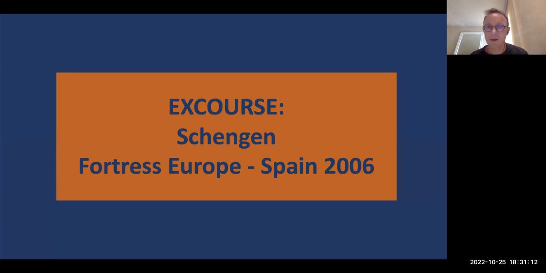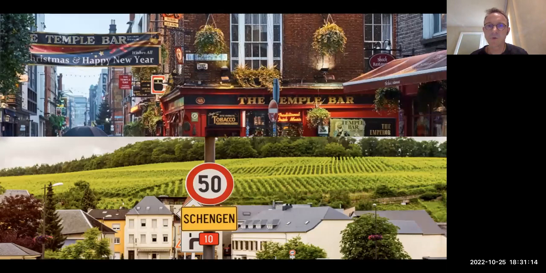Let's go quickly. The two instruments here, the Dublin regulation, named after Dublin, and the Schengen, the small picture of the small village in Luxembourg, are really closely connected. Why is it so?